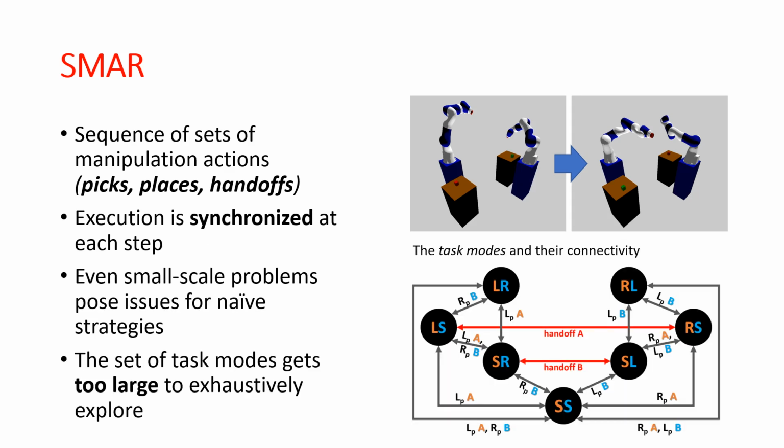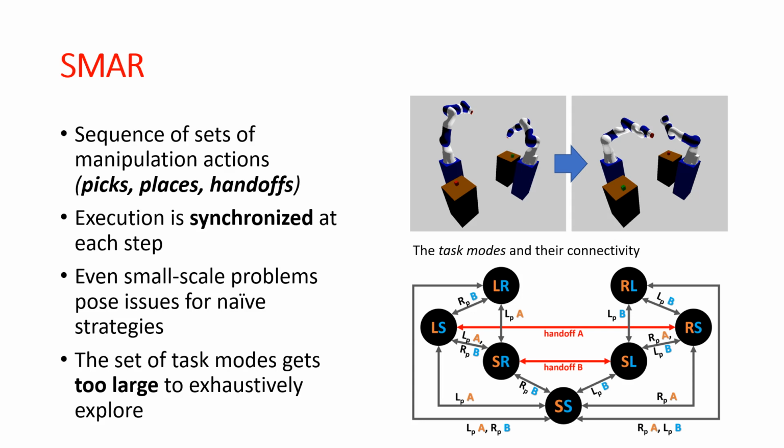So one way to think of it is we look at all possible task modes, or all possible things that the robot object system can be in. It turns out that this space quickly gets too large to explore in an exhaustive fashion, because you have to reason about all the states where objects are either being grasped or not being grasped, and or are in stable configurations, and this has to be computed in a combination between all possible object and arm pairs, and also between arms for handoffs.